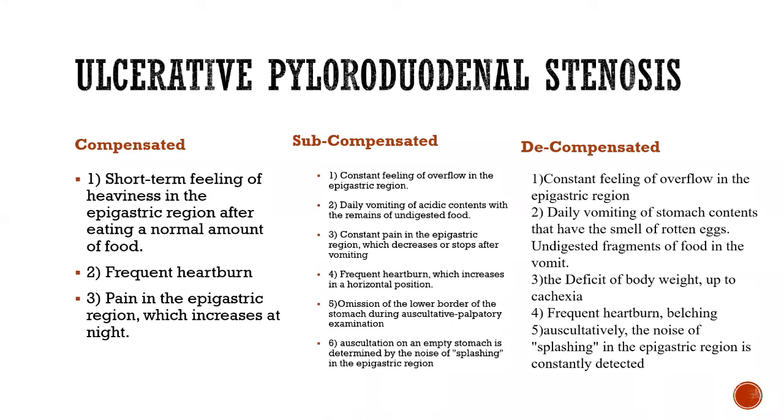The deficit of body weight up to cachexia. Frequent heartburn, belching, and the noise of splashing in the epigastric region is constantly detected.